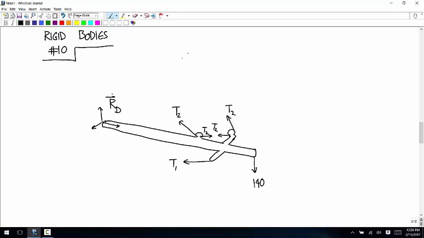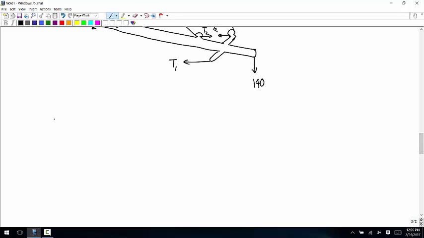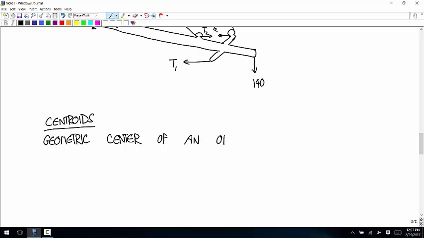Well, the next topic is centroids. So a centroid is a geometric center of an object. We're going to use centroids for two things.